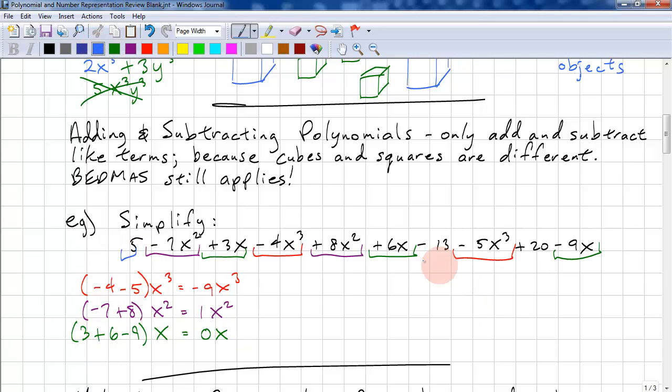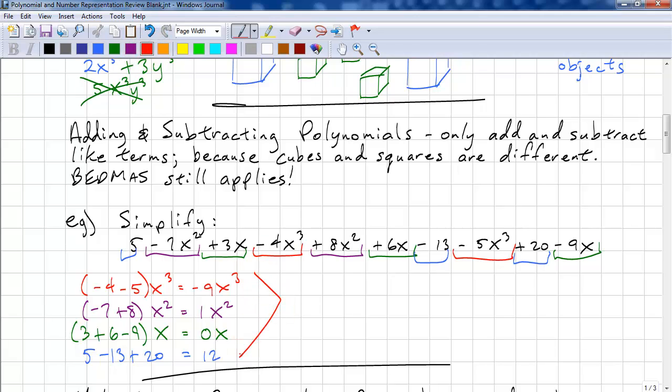There's 1, 2, 3 constant terms. So this is 5 minus 13 plus 20. I said you can move these around as long as you leave the signs alone. So 5 plus 20 is 25 minus 13, and that gives us 12.